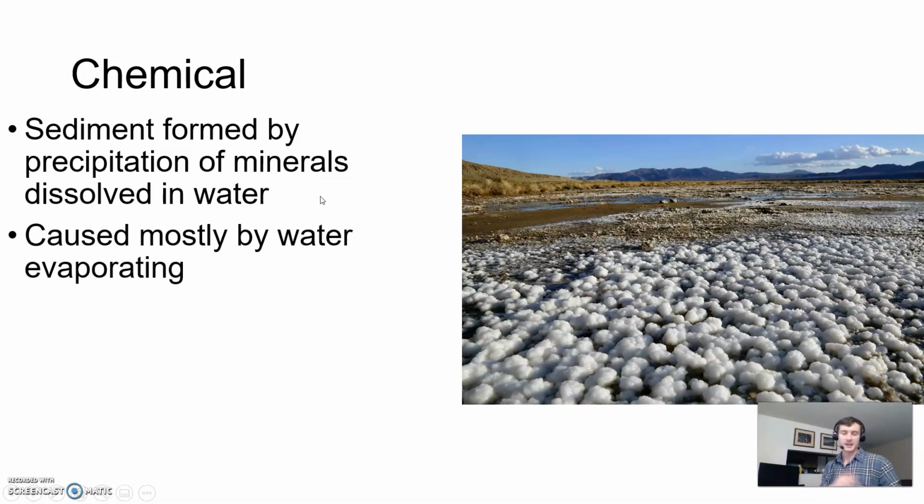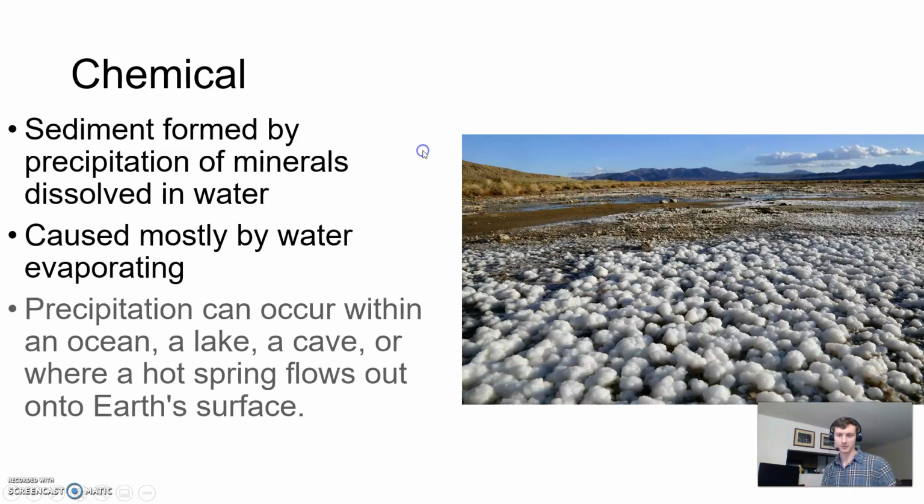Imagine you take a little bit of salt water out of the ocean and put it on your counter and leave it for a while. You come back and it's all dissolved except there are these little salt crystals, little particles, which in this case would count as chemical sediments. They've been formed through a chemical process. It's not quite a living thing. It's not quite like sand or something that's been broken down off of rock. It's a different sort of process.